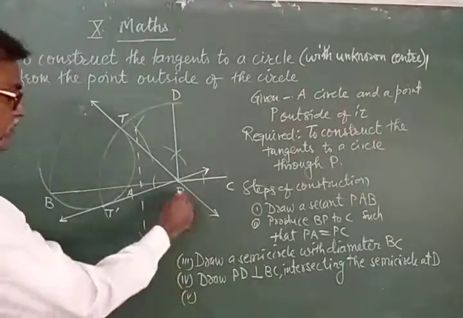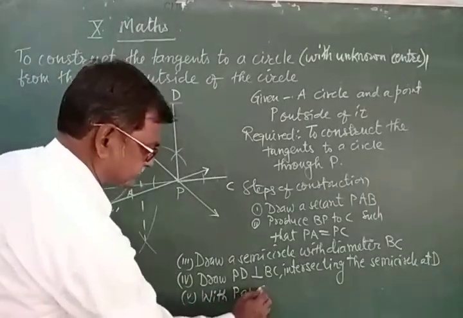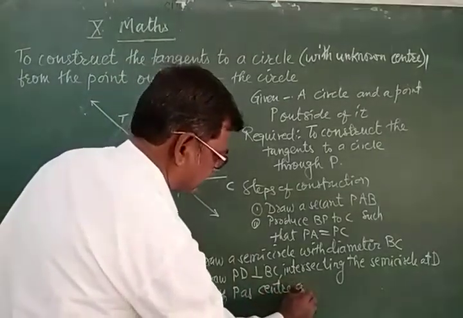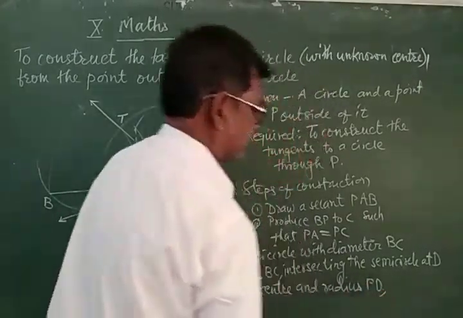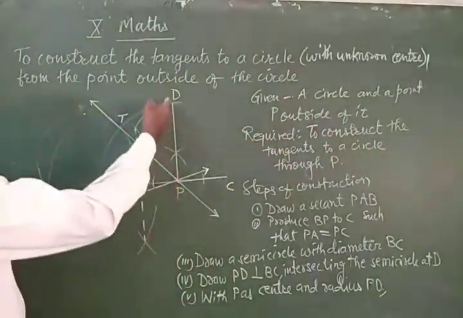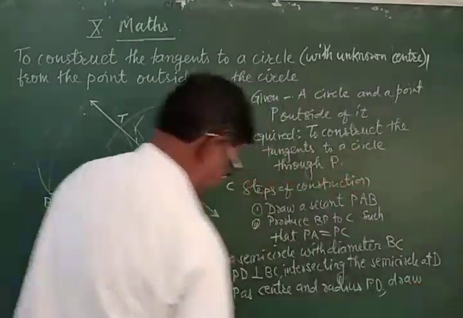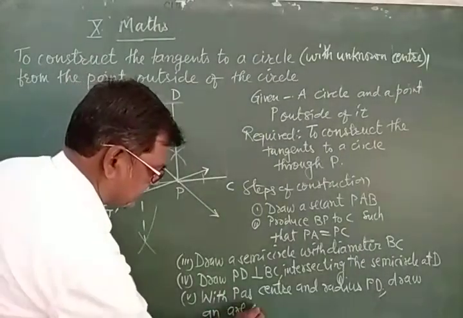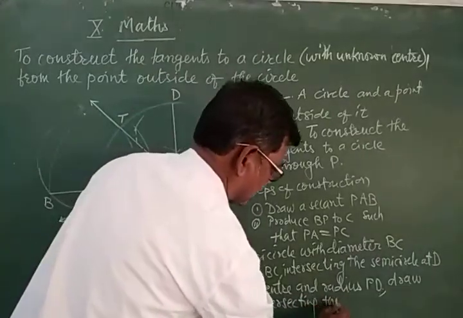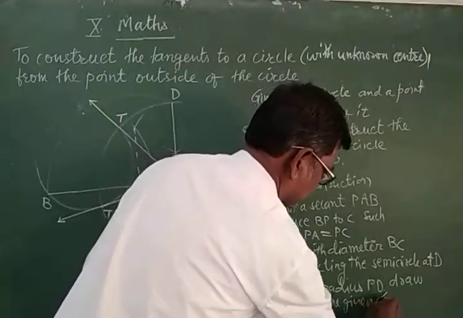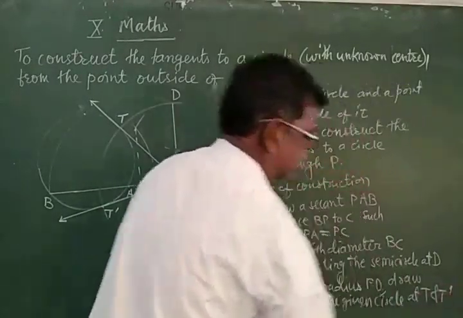And next step, with P as center and radius PD, draw an arc intersecting the given circle at T and T dash.